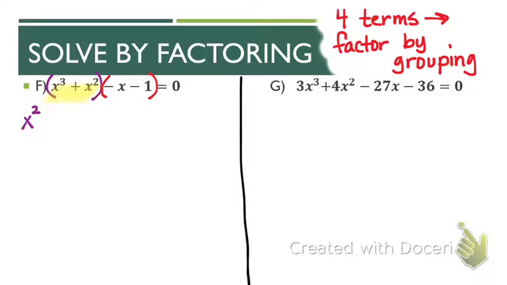So I'm going to take out the x squared. And when you factor, you're dividing. So if I divide both of these by x squared, what do I have left? Yep, I have an x plus 1 left.